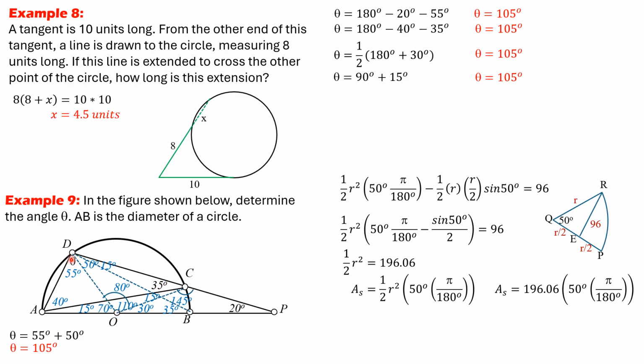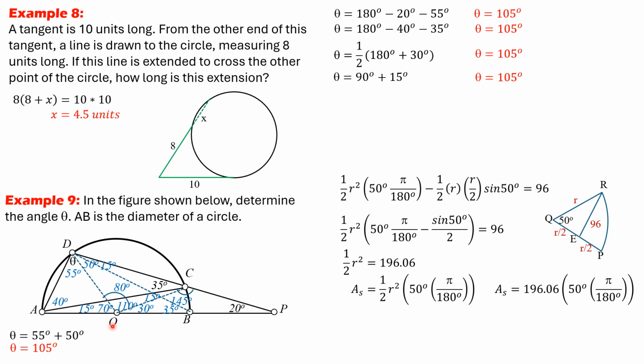It subtends the same arc AD. So that's why it is 70 degrees. Since this triangle is isosceles, with radii as sides, the other angles here should be 180 minus 70, which is 110 degrees, divided by 2. So 55 degrees.